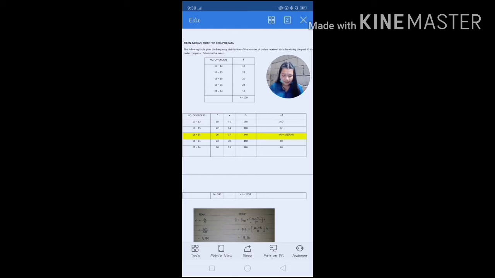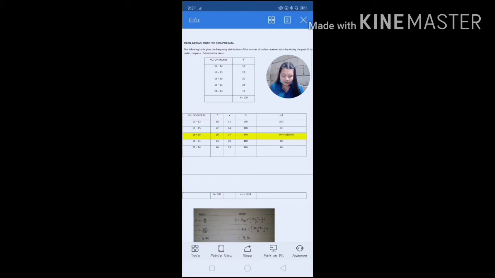After that, these midpoints must be multiplied by the frequency of the corresponding classes. So 18 times 11 equals 198.